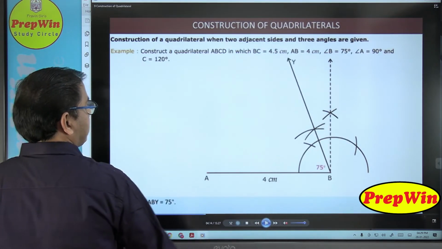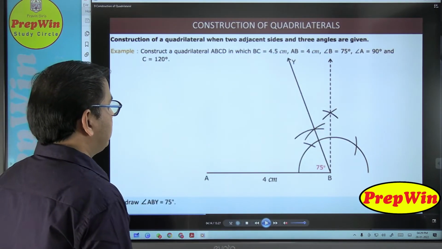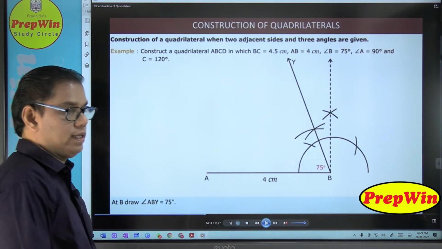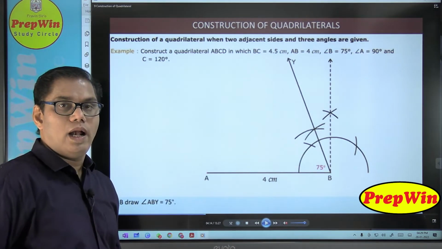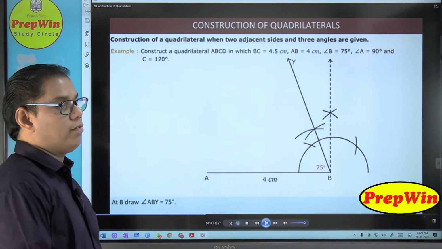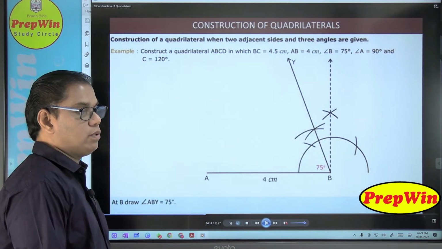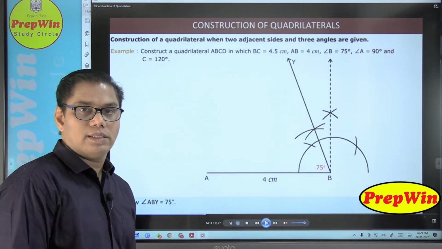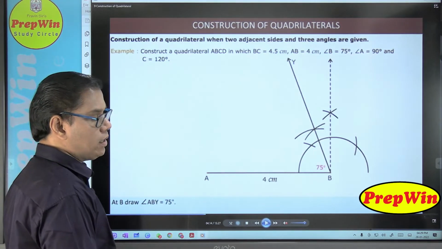And then you draw a straight line. Okay, this is 75 degree. That dotted line was just a help. We have taken the help of that line, so that is not a part of our construction. That is not a part of our quadrilateral, the dotted line.